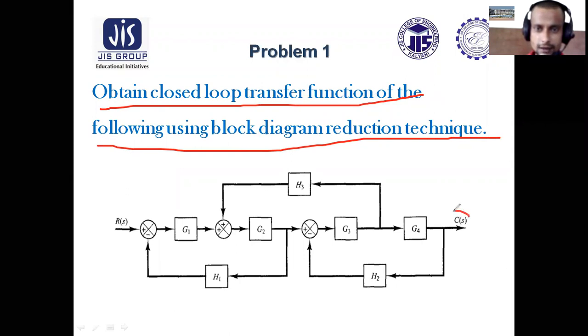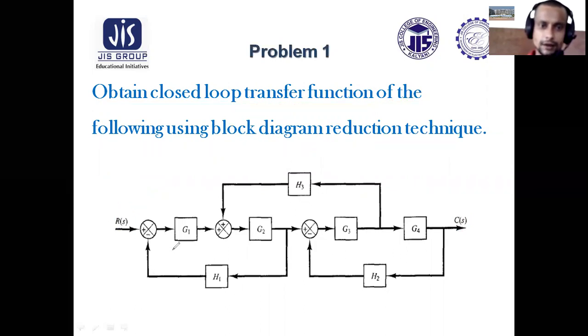Here C(s) is output, R(s) is input. So we are asked to obtain the overall transfer function, that is output divided by input. This we need to obtain. Now, to get this overall transfer function using block diagram reduction technique, how shall we proceed? That we will discuss now.